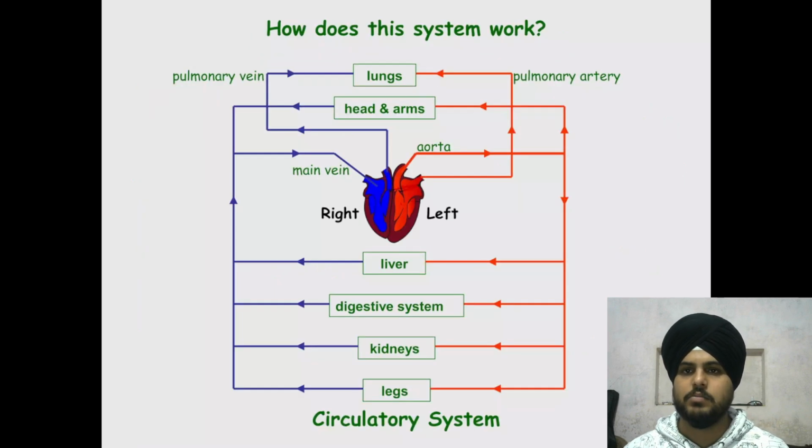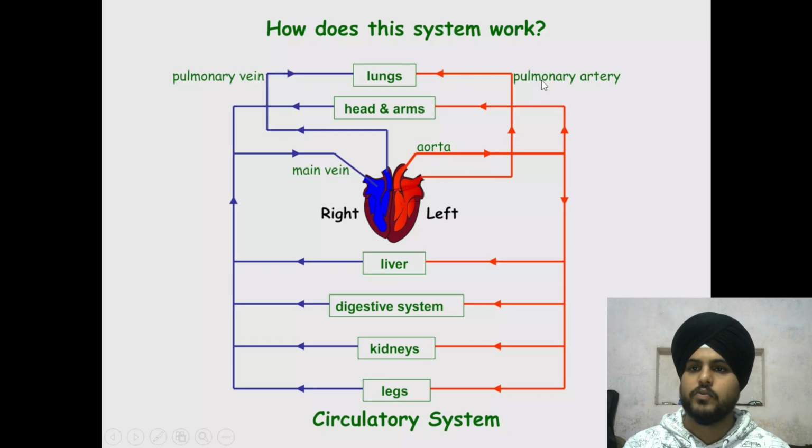See, here's a diagram. And how does this system work? From the perspective of the heart, the left part of the heart pumps oxygenated blood and the right part of the heart pumps deoxygenated blood. See how the blood moves: the transfer of blood from the lungs to the heart is through the pulmonary artery and pulmonary vein, that is pulmonary circulation.